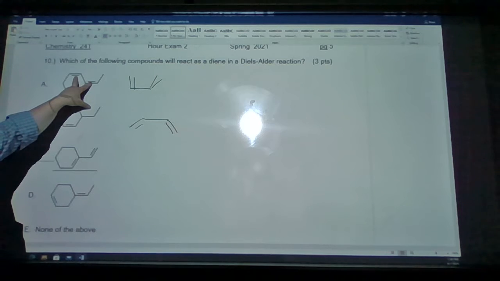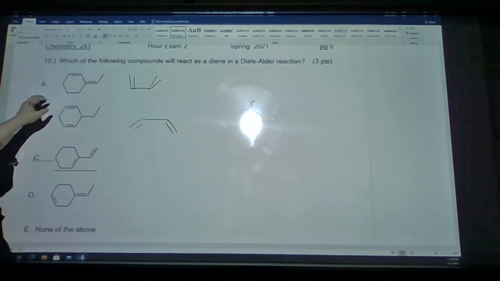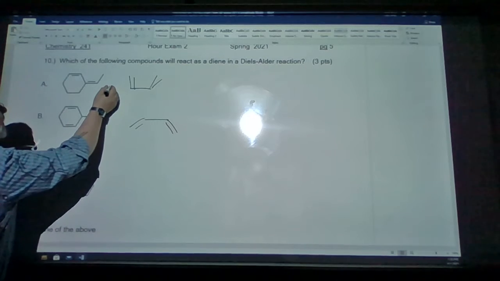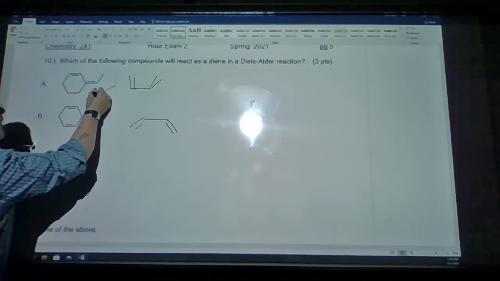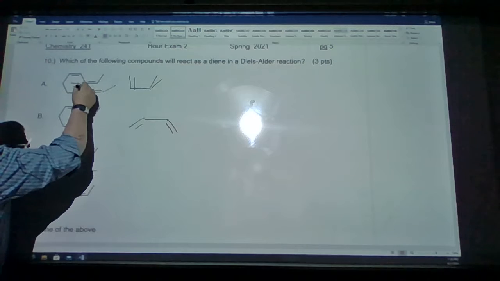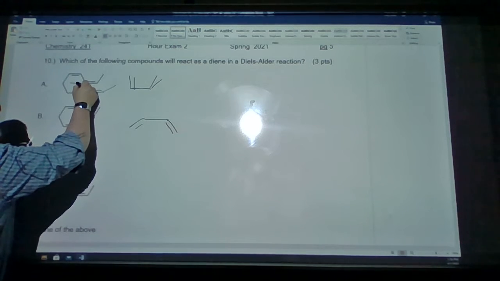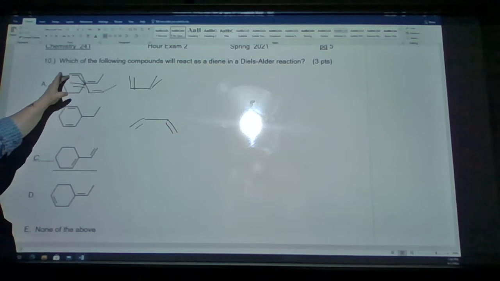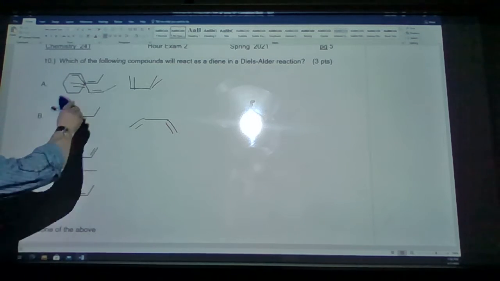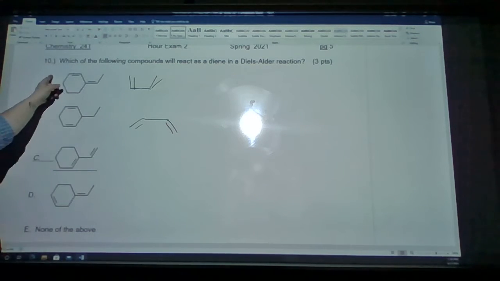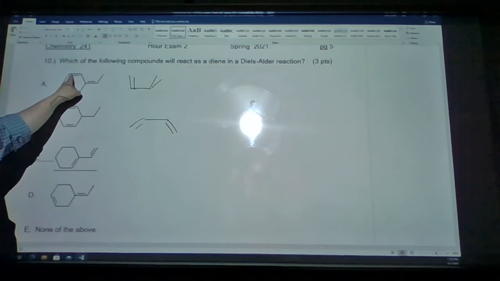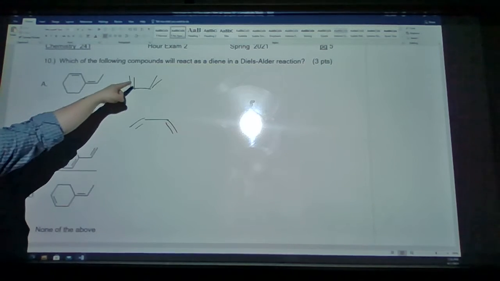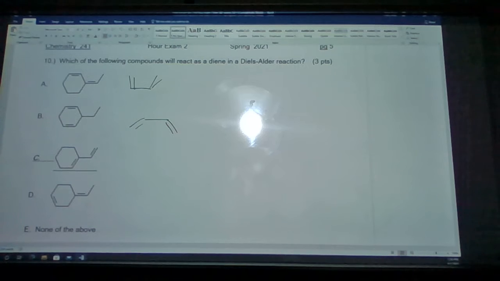Are the double bonds in this structure in this orientation? No, if we actually look at it. Since this double bond is part of a ring, the ring cannot bend itself such that the double bond is right there and it gets into that conformation.